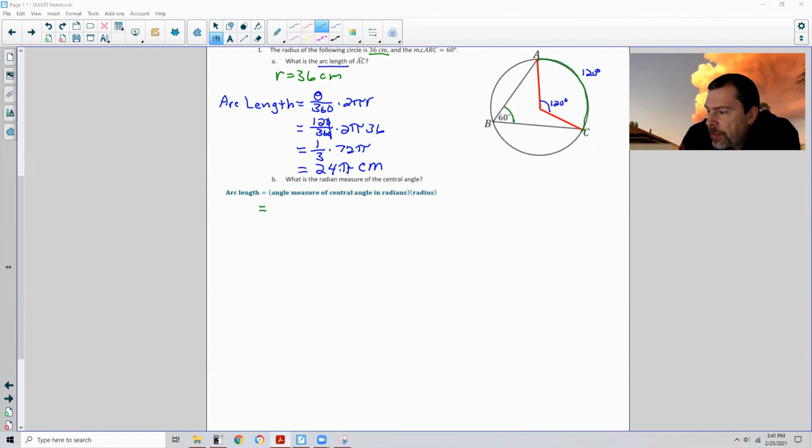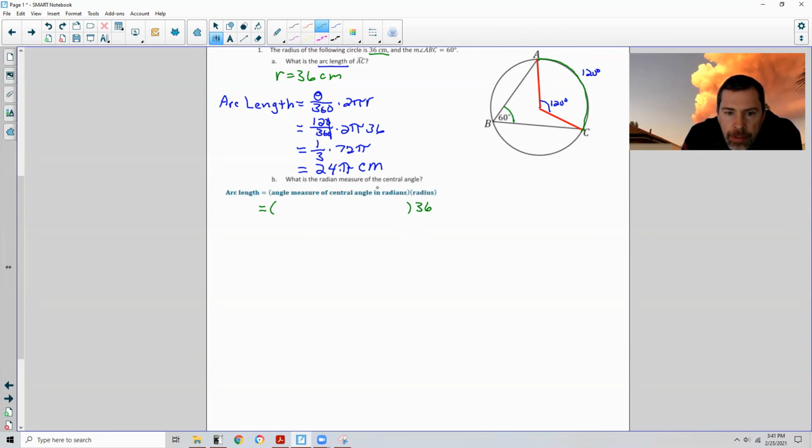Okay. And then I'm just going to substitute in my given. So it's going to be all of this again, repeated, times the radians, times the radius, which was 36. So I'm just going to say 36 here. So arc length equals the angle measure of the central angle in radians, and here it is, 24 pi.